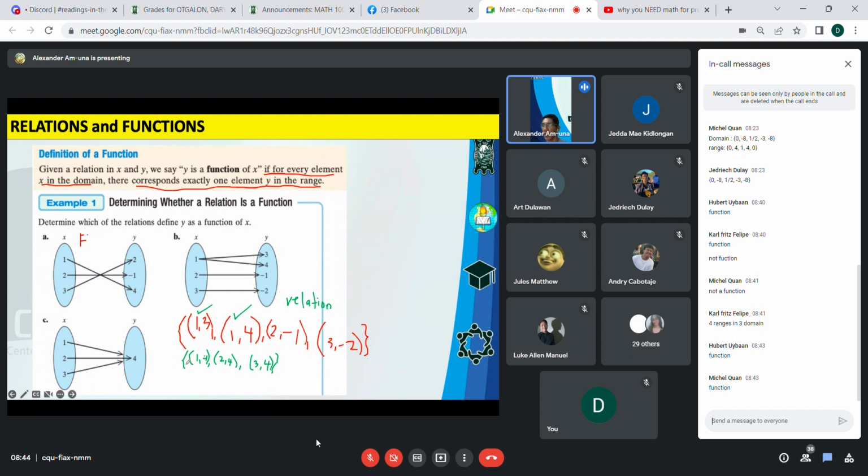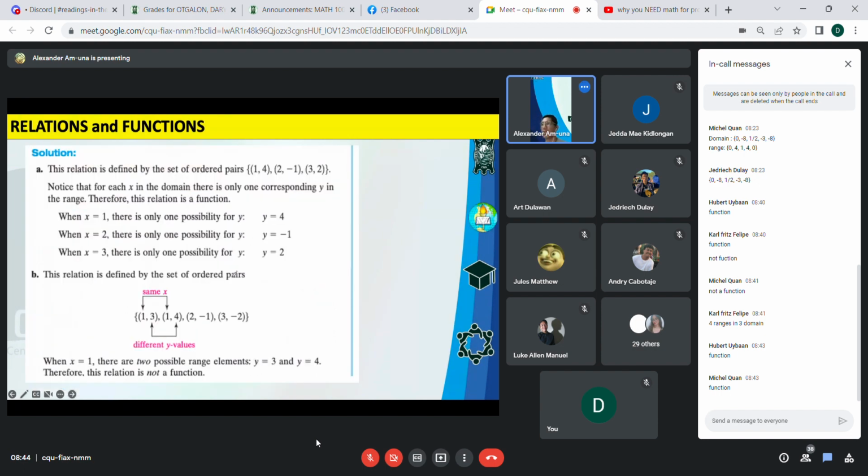And as you can see, each value of x has a corresponding value of y. So no x was repeated. In that case, it's a function.